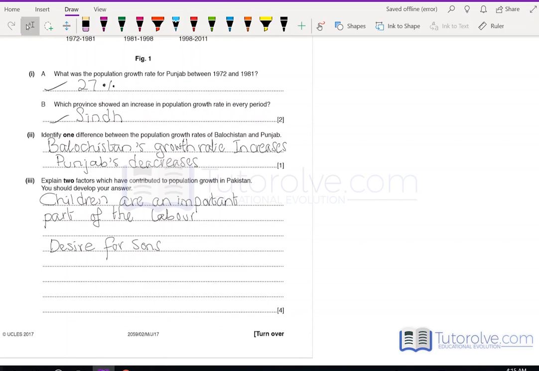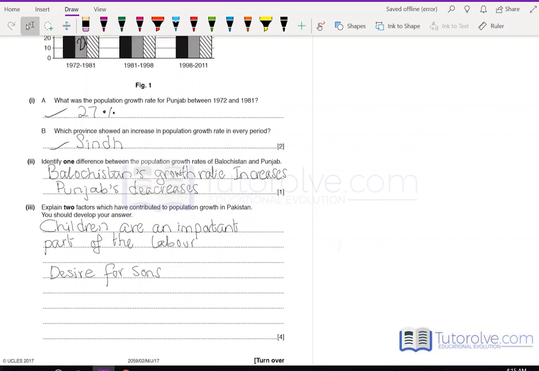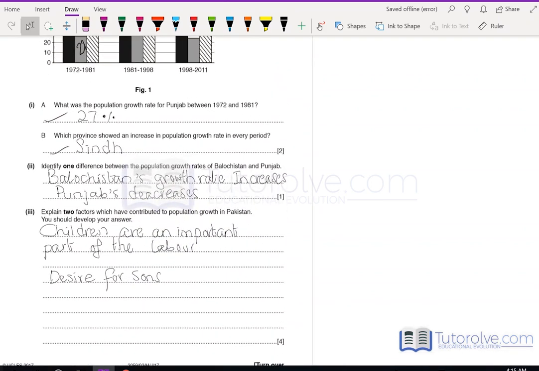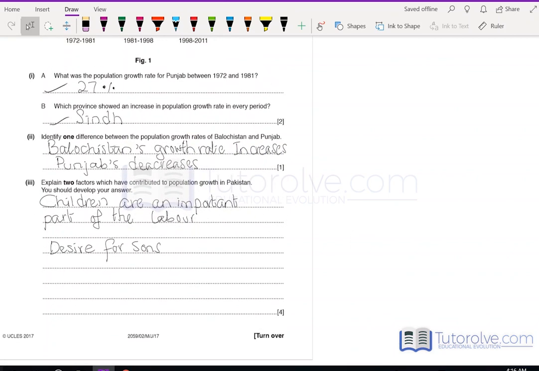Balochistan's growth rate increases and Punjab's growth rate is decreasing. The reason is that in Balochistan there is less awareness of new medical developments and contraceptives, whereas in Punjab every year there is some new medical discovery, and people know what contraceptives are, so they use them.